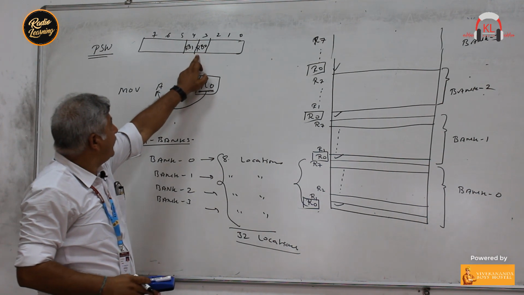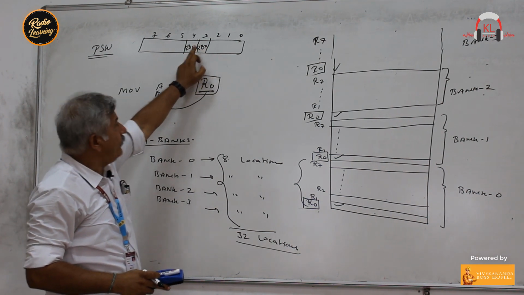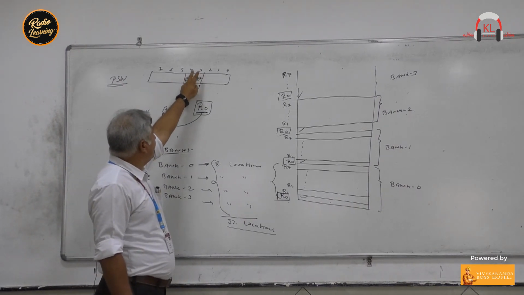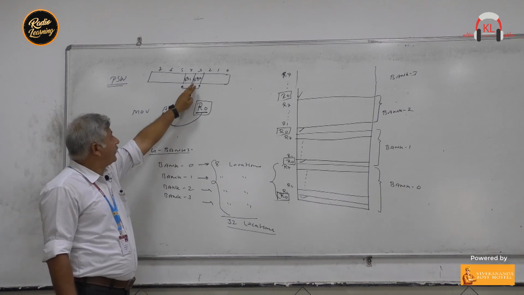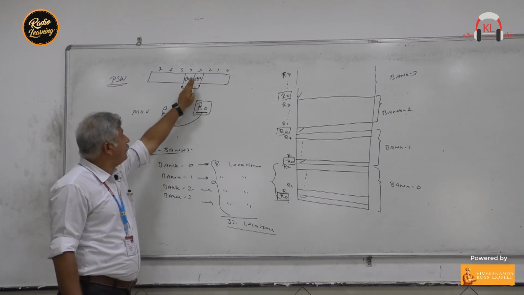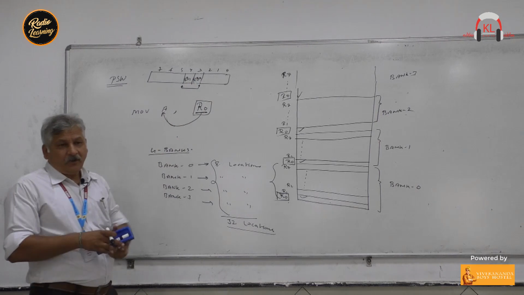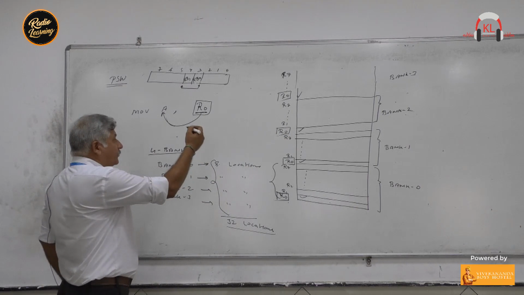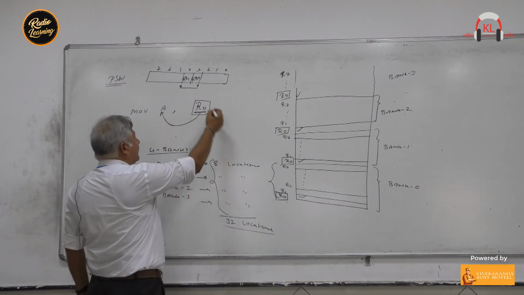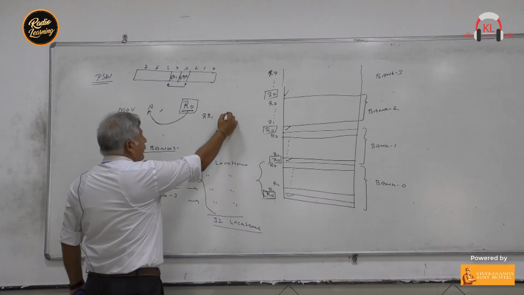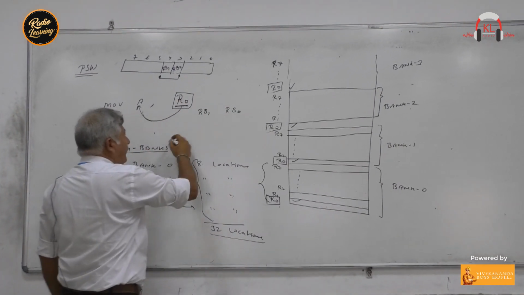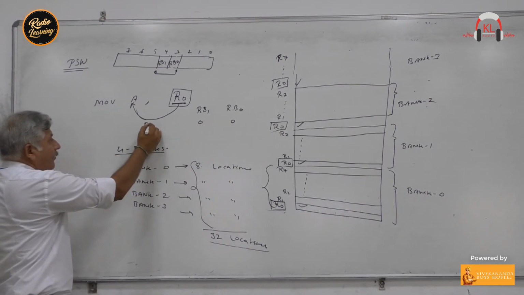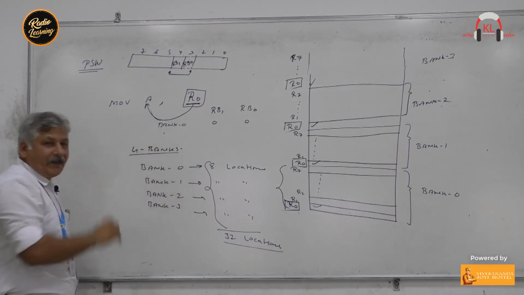Means register bank select bit number 0 and register bank select bit number 1. So in this program status word, there are two bits, bit number 3 and bit number 4, designated as register bank select bit 0 and register bank select bit 1. These two bits are used to select the banks, right? Since there are 4 banks and these bits are RB1 and RB0, if these two bits are 0 and 0, then bank number 0 will be selected.